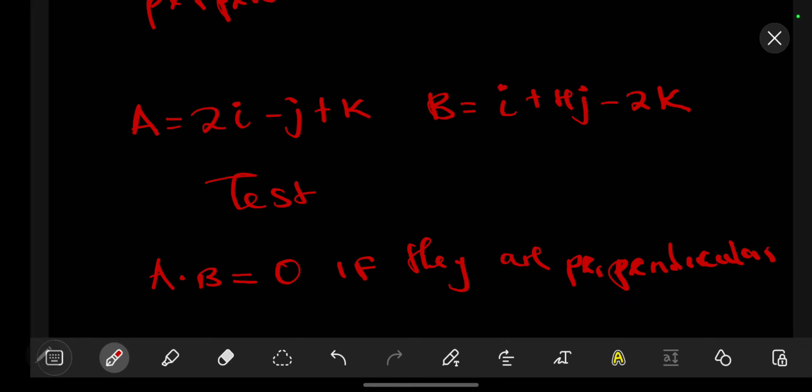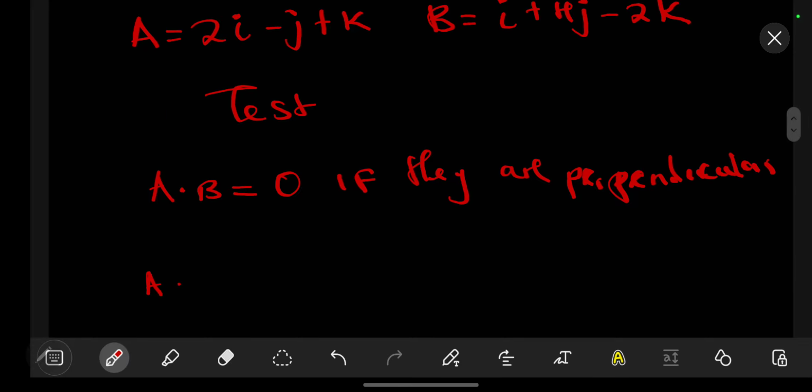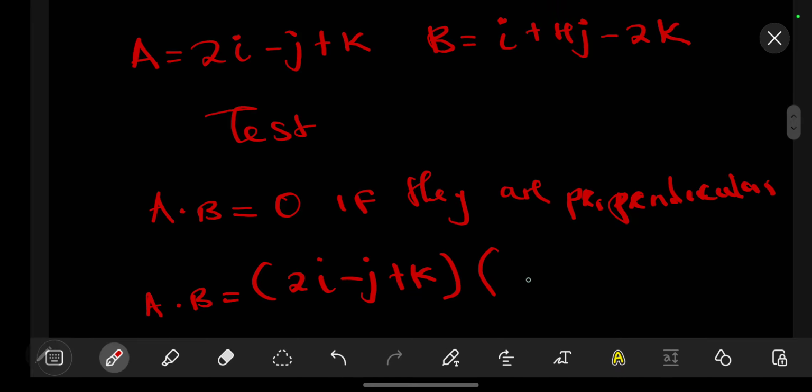So if that's the case, we know that a dot b will be equal to, our vector for a is 2i minus j plus k. Open another bracket. For b, we have i plus 4j minus 2k.